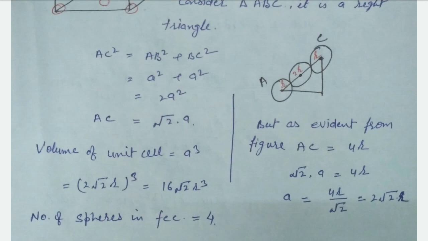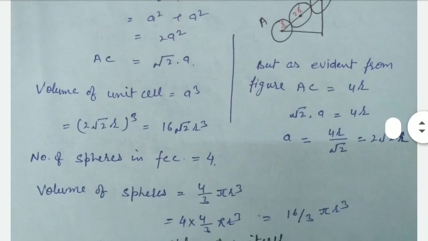Then a equals 4r upon root 2. It is also said to be 2 root 2 r. We know that the volume of the unit cell is a cube. Therefore, the volume of the unit cell is 16 root 2 r cube.